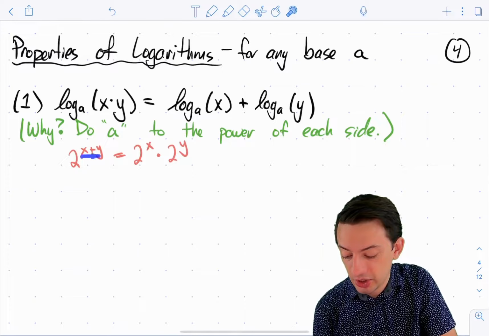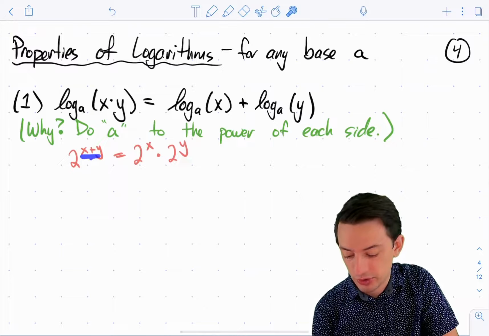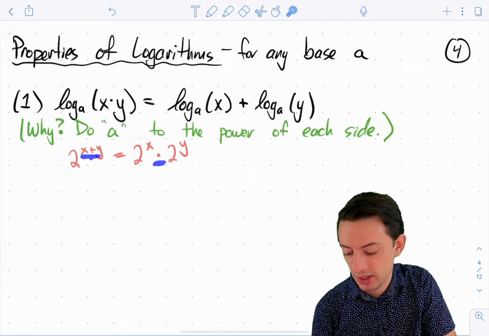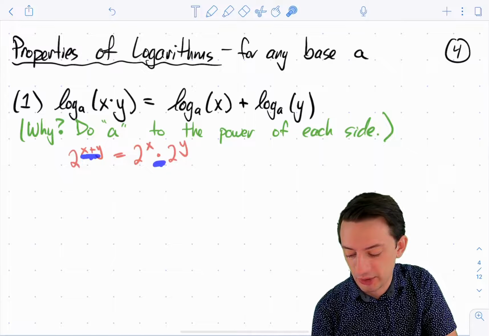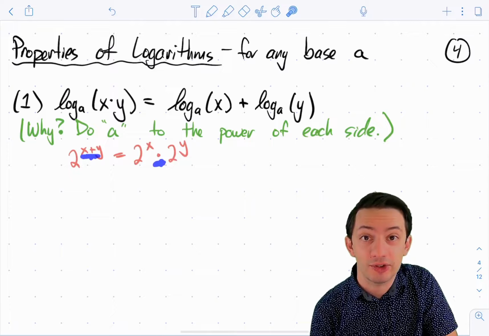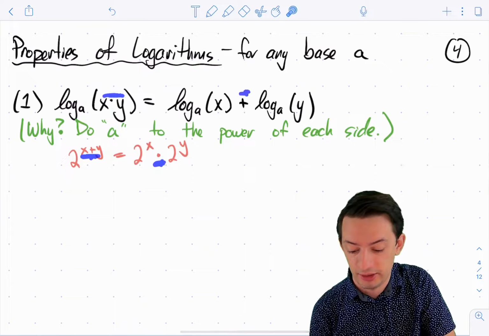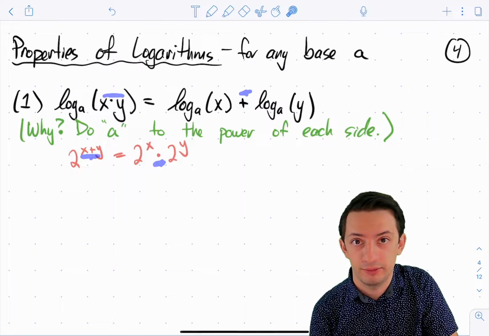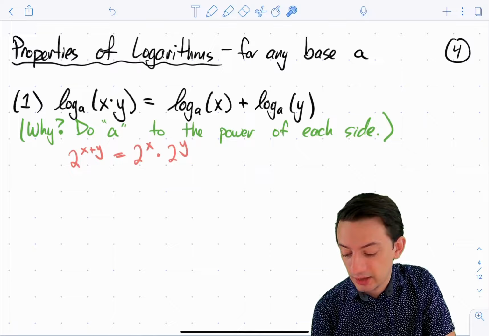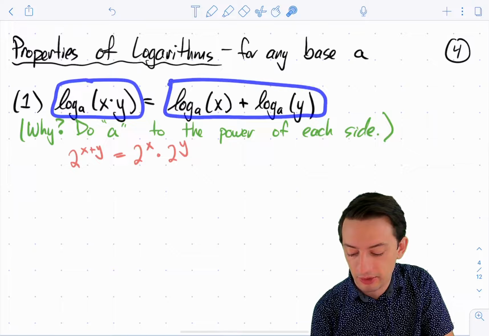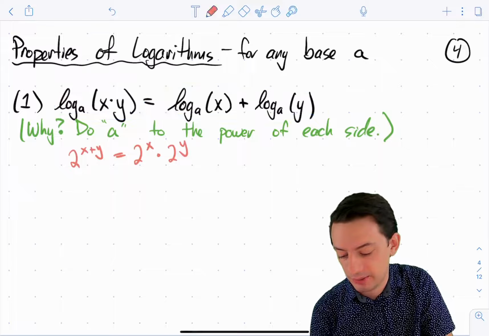So here, addition inside the power turns into multiplication outside. So with exponents, addition inside becomes multiplication outside, and log is the inverse function, so it kind of works in reverse. With logs, multiplication inside turns into addition outside. So just to justify this, let's take a to the power of the left and a to the power of the right and see what happens.